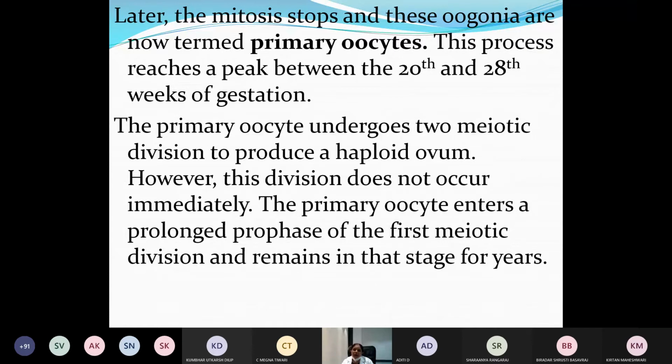The primary oocyte enters a prolonged prophase of the first meiotic division and remains in that stage for years.